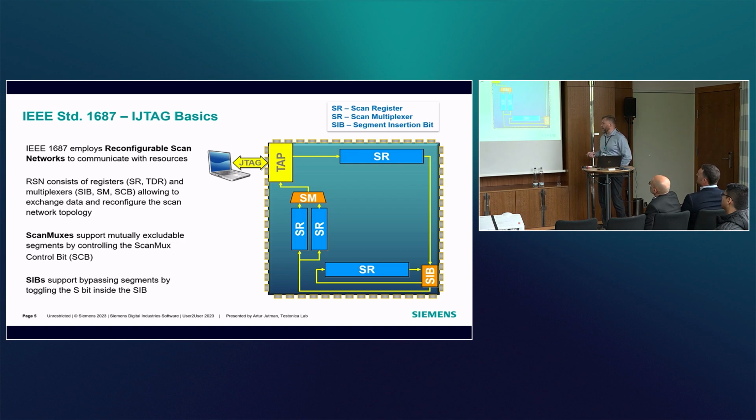Well, the simple idea behind 1687 is that you have a scan chain which is reconfigurable in a number of ways by adding either scan multiplexers, where you can include one or the other scan path into the active scan chain, or so-called Segment Insertion Bits (SIBs), where you can either add or exclude certain subnetworks of the reconfigurable scan network.